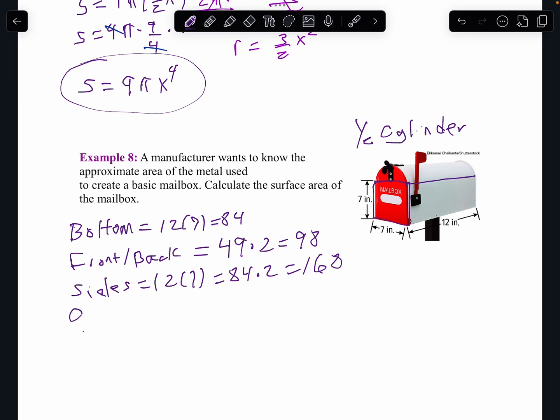Now let's look at our cylinder. Now our cylinder, we have half of the lateral area. So if I do half the lateral area, that's going to be 2 pi r divided by 2 from our formula, times h, I should say.